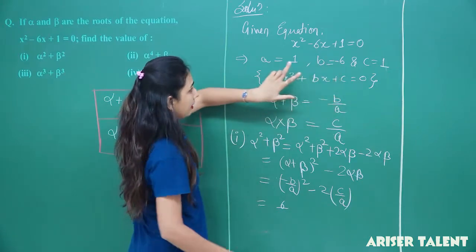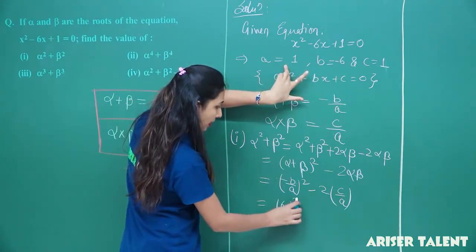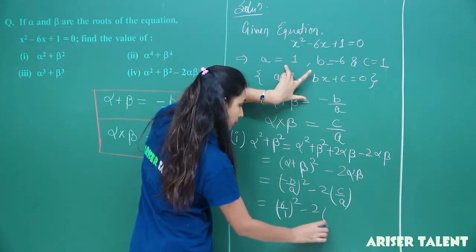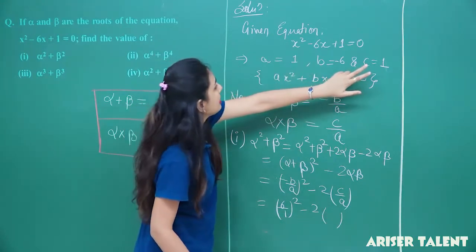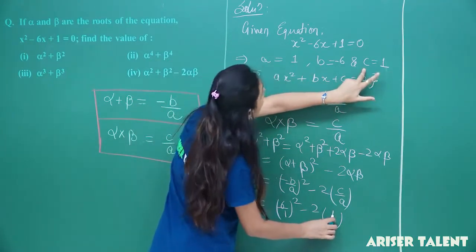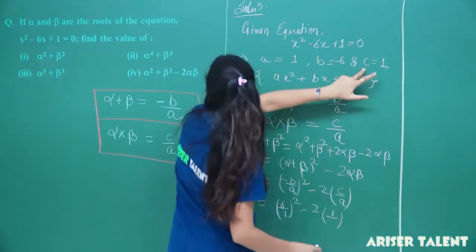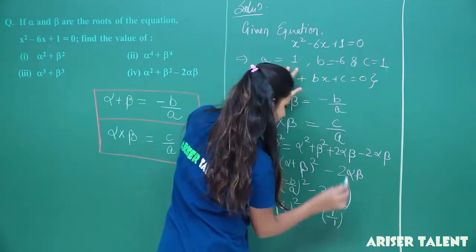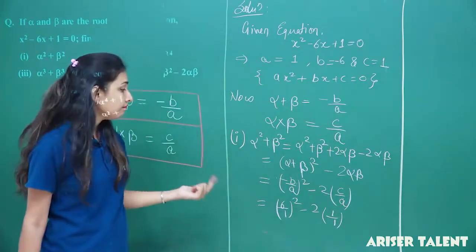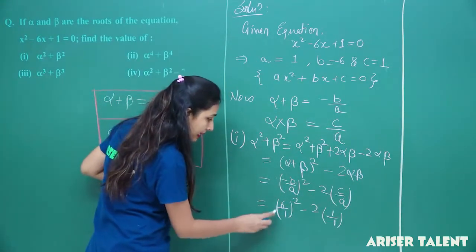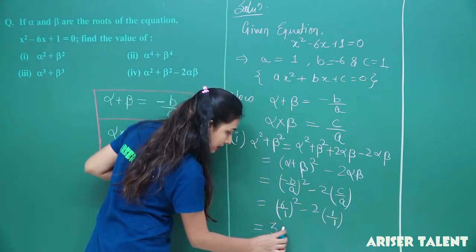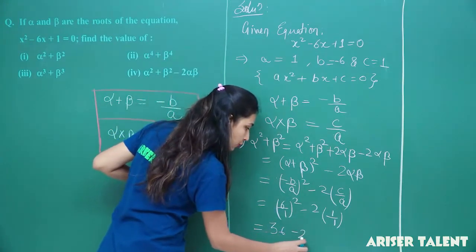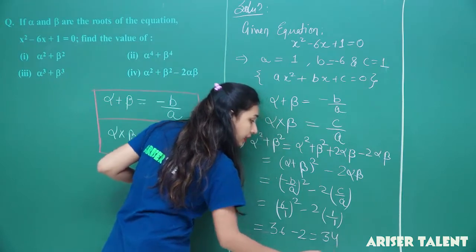Okay, and a is 1. Now, square. Minus 2. c is 1. Right? Yes. Okay. So, a is again 1. So, it's so simple, that will be 36 minus 2 equals to 34.